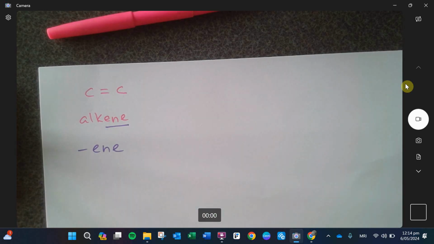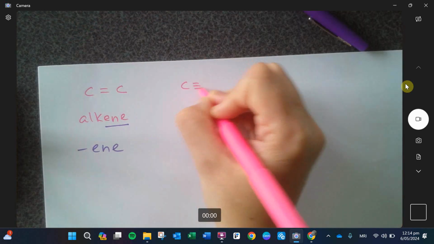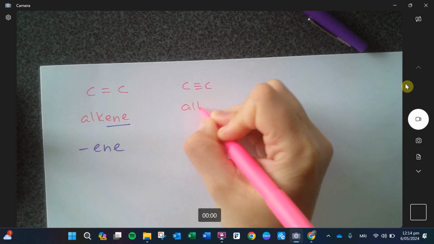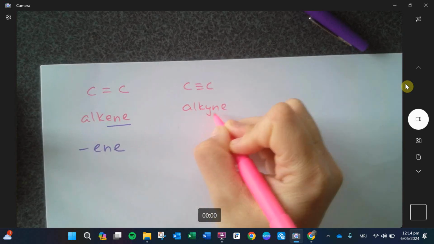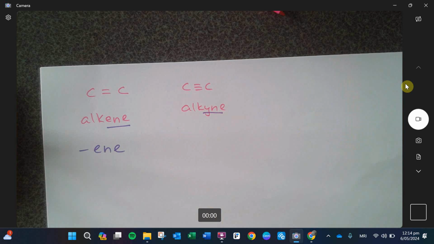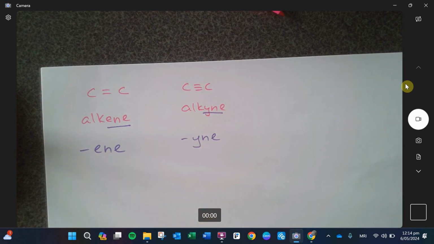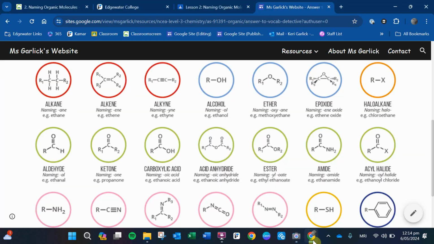So that's how you change the naming for an alkene. The next one you could have is a carbon with a triple bond. That is an alkyne. You can see how it's just changed from an E to an A, and again, that would be a suffix change. Let me go back and forth from that document so I remember all of them.